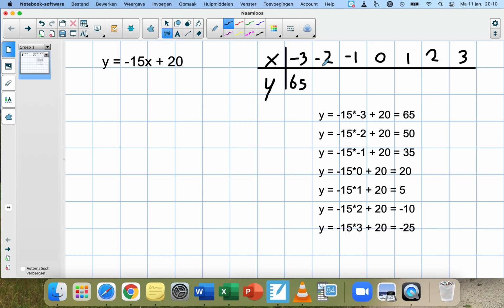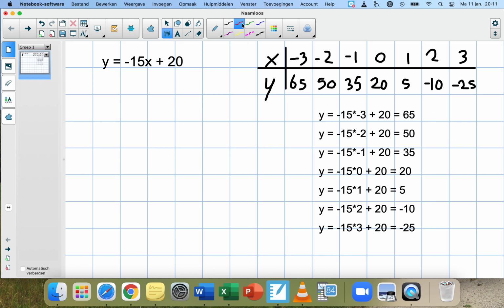So if we fill that in the table, minus 2 became 50, minus 1 became 35, 0 became 20, 1 became 5, 2 became minus 10, and 3 became minus 25.